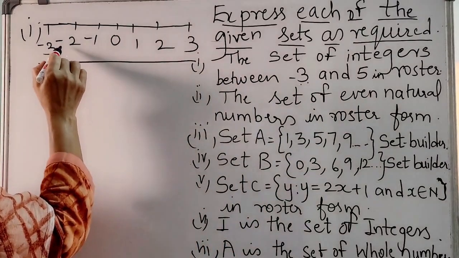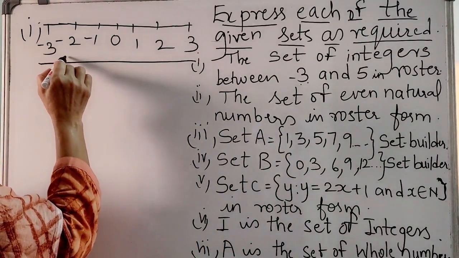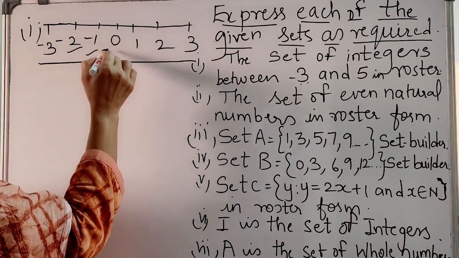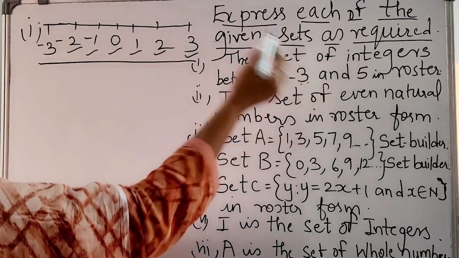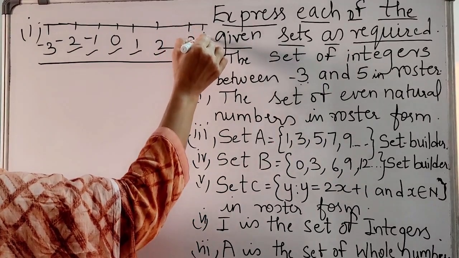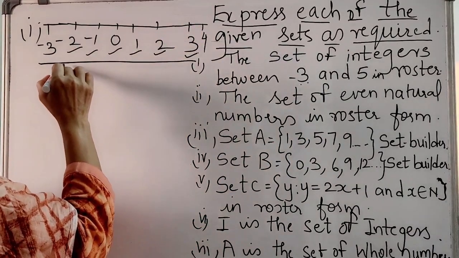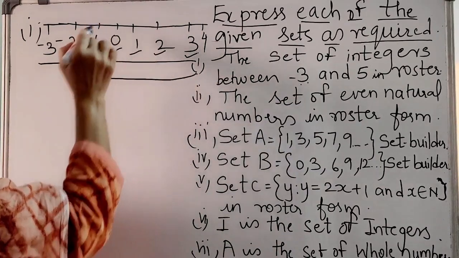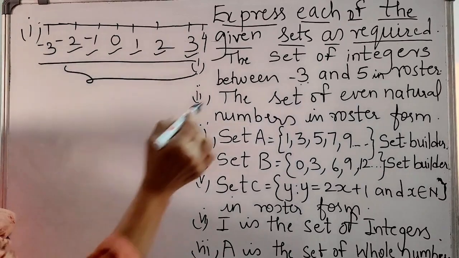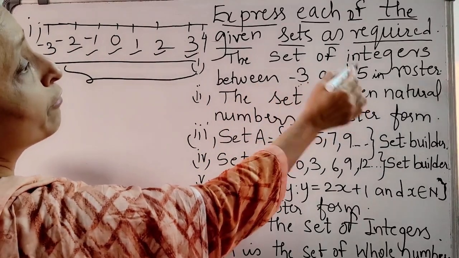So you don't have to include -3. In between is -2, -1, 0, 1, 2, 3, and 4 also will be included. This -2 till 4 are the integers which are in between -3 and 5.